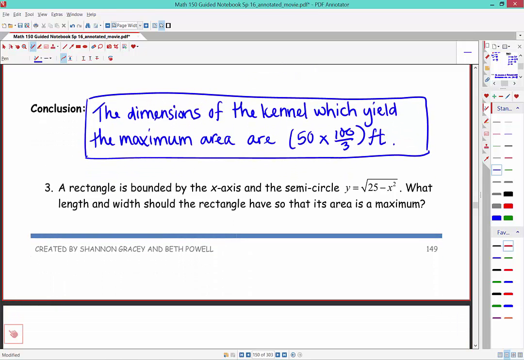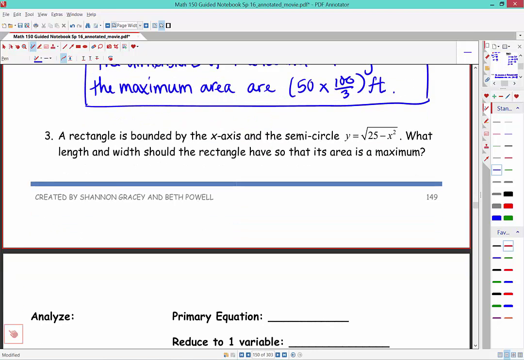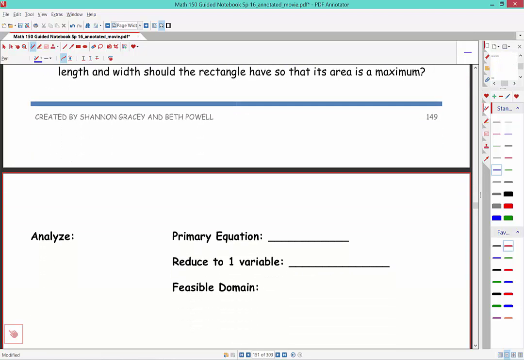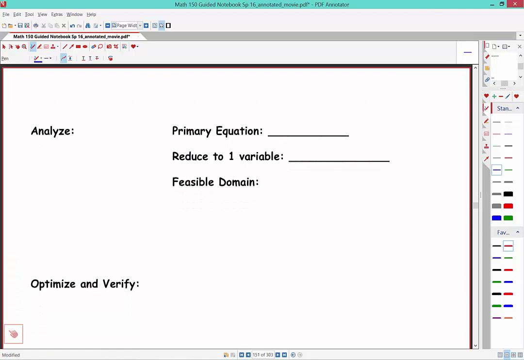Now we're looking at another rectangle, but it's bounded by the x-axis and the semicircle y is the square root of 25 minus x squared. What length and width should the rectangle have so that its area is a maximum? Well, let's check it out.